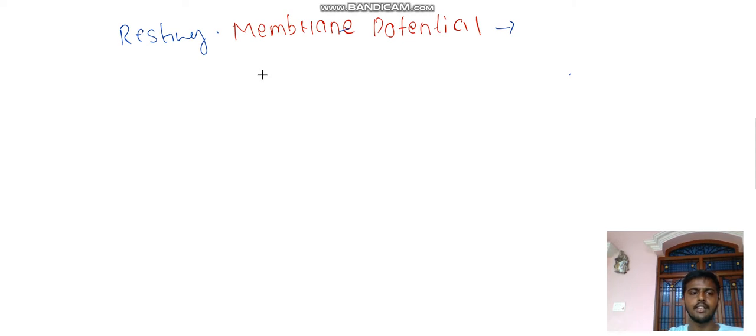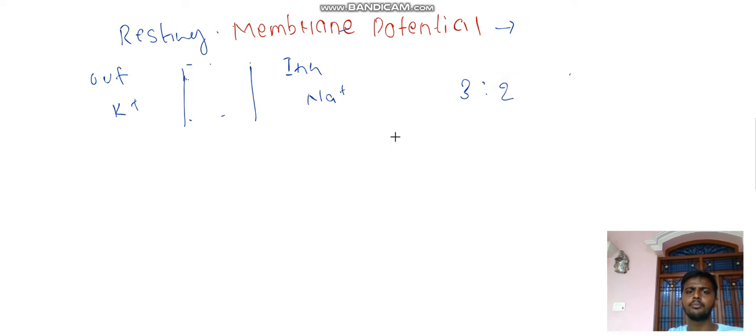So what is actually the resting membrane potential? As I have already told, this is the inner side, this is the outer side, here is the cell membrane. So on the inner side more sodium ions are present and on the outer side potassium ions. We all know that the exchange of sodium ions and potassium ions is always in the ratio of 3:2.